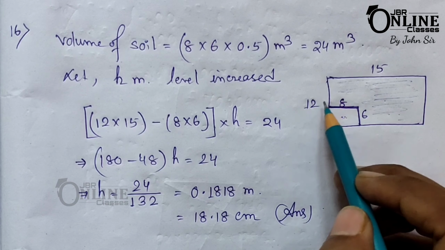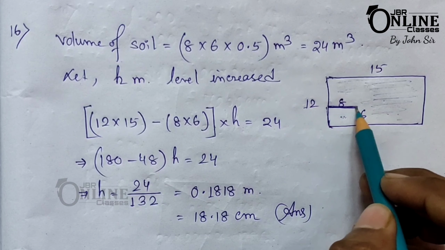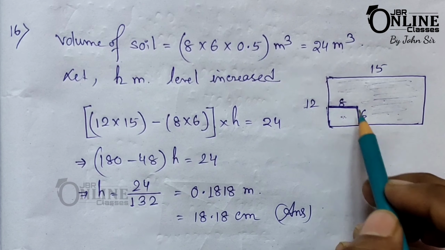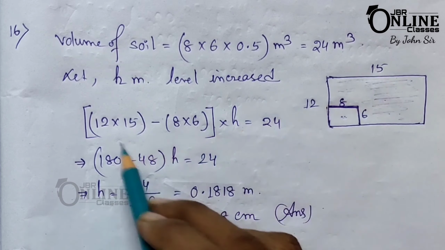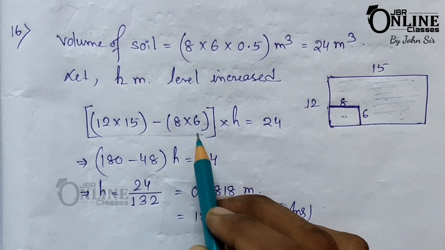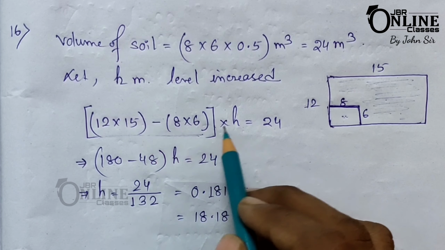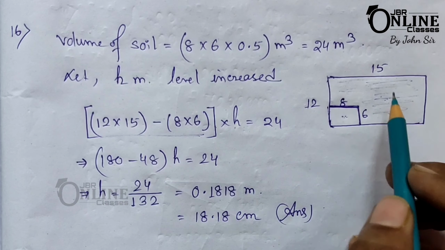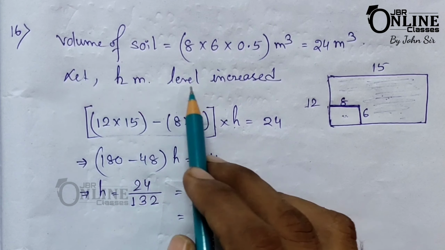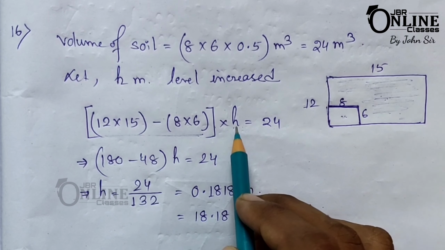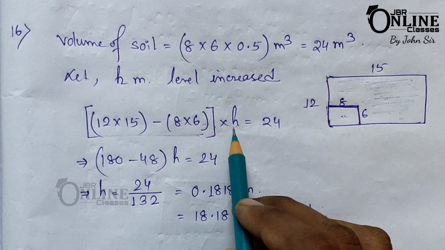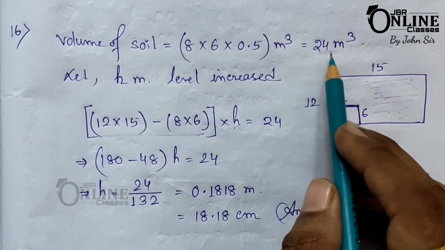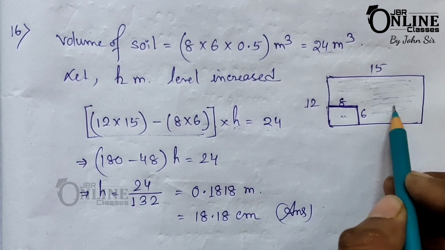So the total area equals 12 into 15 and the area of the pit equals 8 into 6. You have to subtract 8 into 6 from 12 into 15, and that is the area of the remaining plot. Now if you multiply with h, the increased level, area into height gives the volume, and the volume equals 24, as this 24 of soil will be spread in the remaining portion.